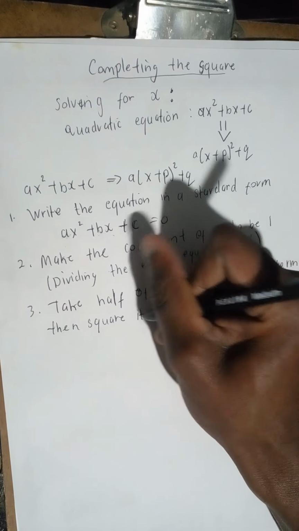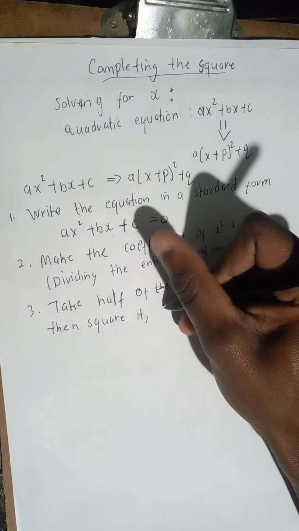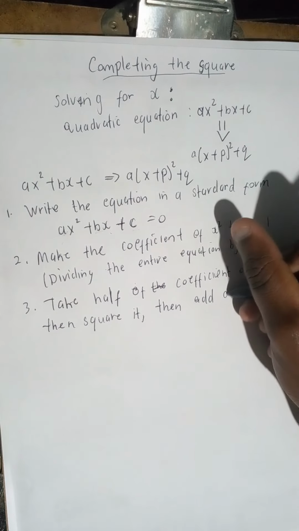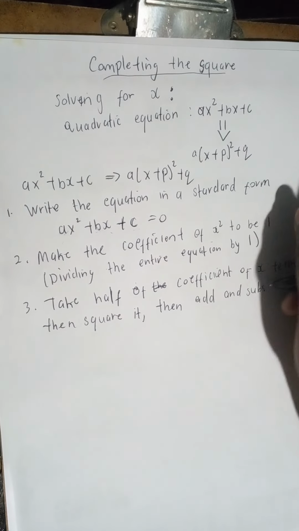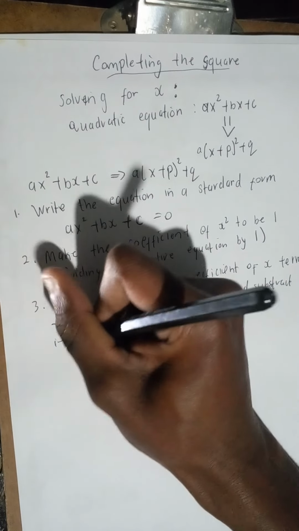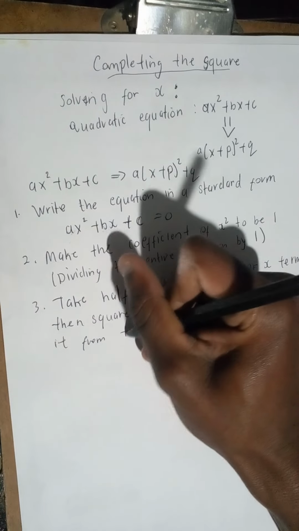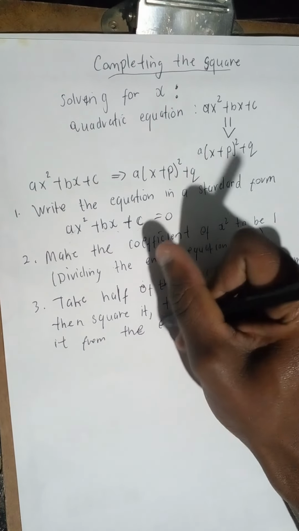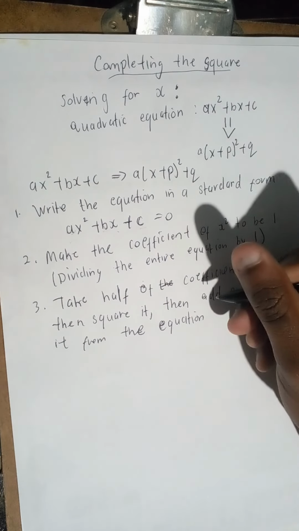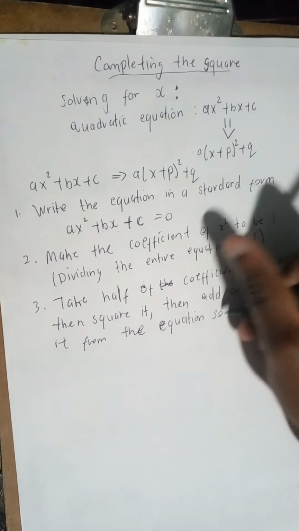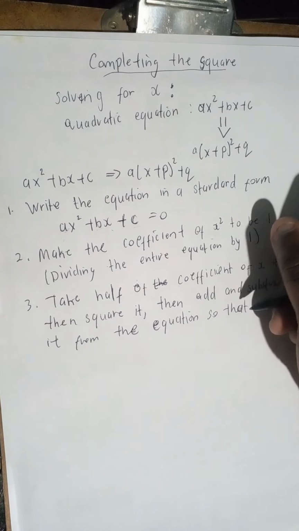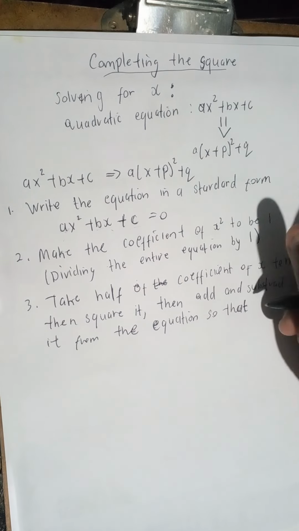Then you add it and you subtract it from the equation. With the same bracket that you now have, you add and subtract it, so that you don't change the whole equation and the equation remains correct.